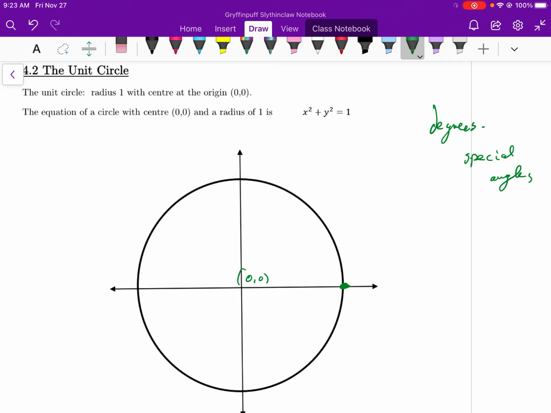So this here is going to be 0 degrees. Up here is 90 degrees. Over here is 180 degrees. This is 270 degrees. This is 360. And if we keep on going, we would see that this is 450, et cetera, coterminal angles. But really, I'm just going to restrict myself from 0 to 360.